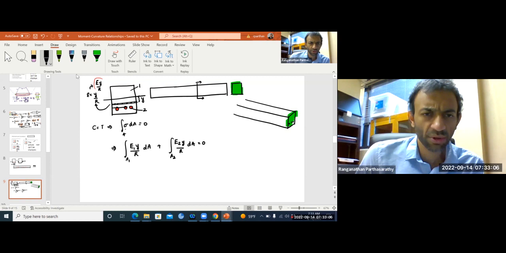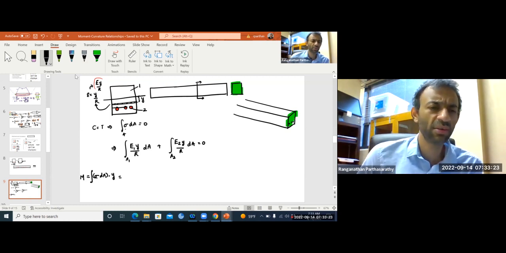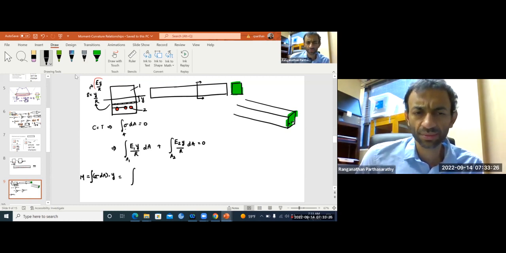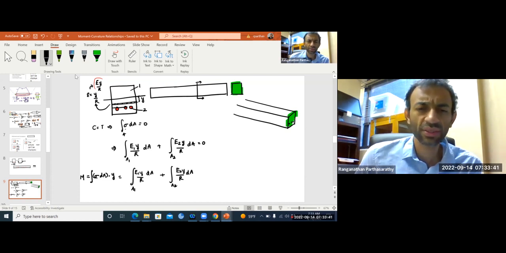Now, moment balance. You take the stress, sigma times dA, that is the force acting on this strip, and the lever arm is y. So the integral of all those tiny moments should give us the bending moment, or externally applied moment. Again, sigma is E1 y over r dA in the area of the first material, and E2 y over r dA in the area of the second material.